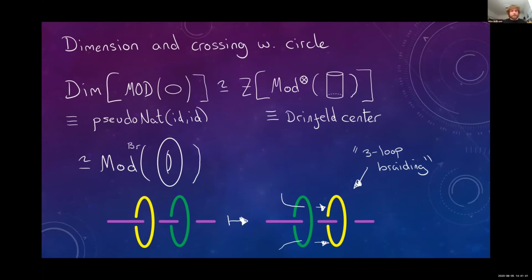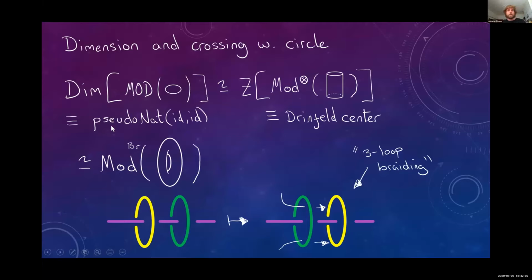And before I end this talk, I'm just going to have one more slide. And this is a kind of dimensional reduction argument. And what it turns out is that given a two category, this kind of two category of module categories, I can define this notion called the dimension.